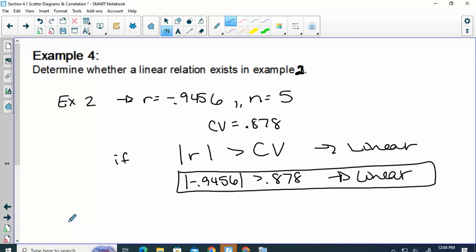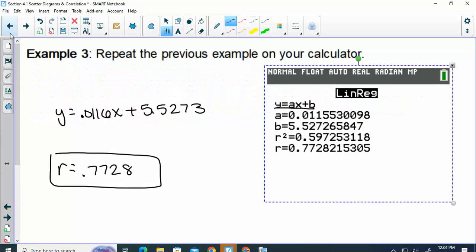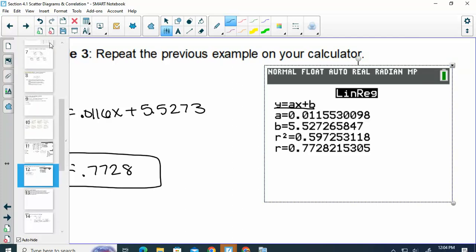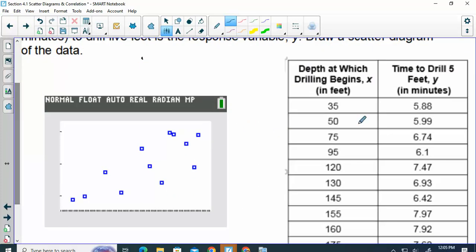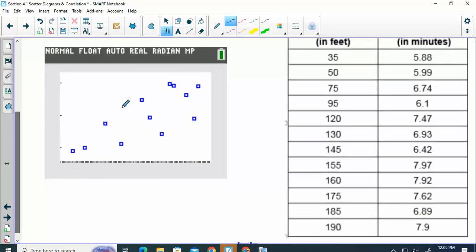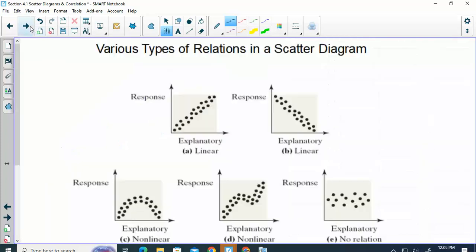So what about the oil example that we had? Okay, we did this from example 1. How many points were there in our drilling oil or drilling rock example? There were 12.